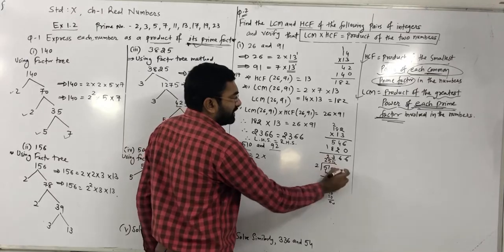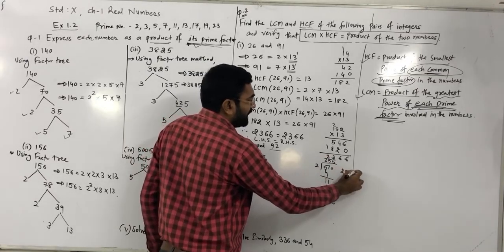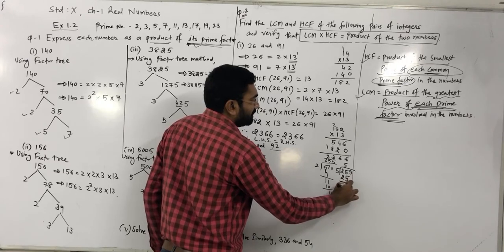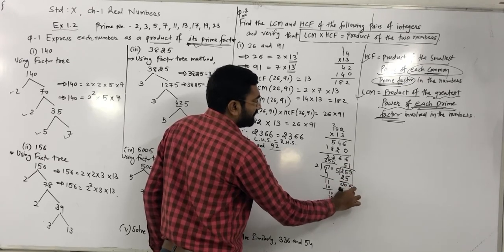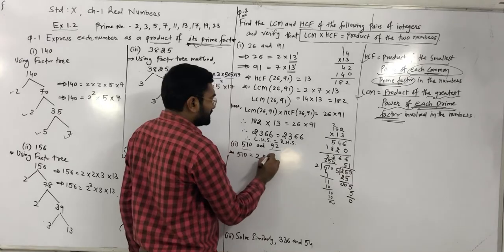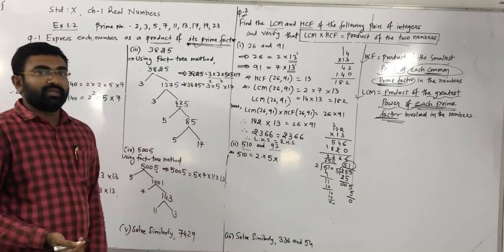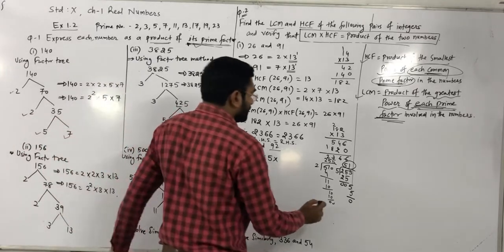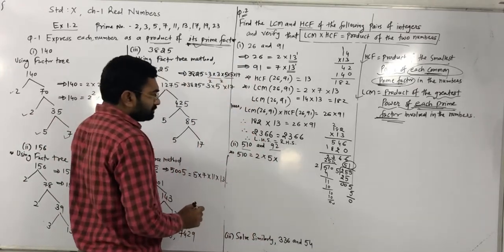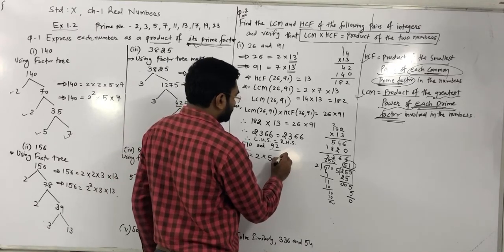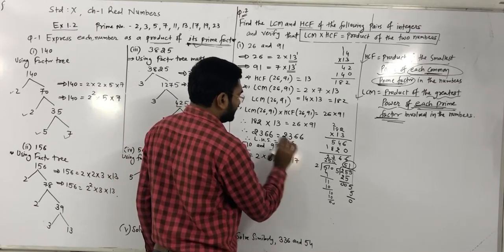Another, 255 we divide by 5, then 5 5s are 25, and so we get 51. 51 is again a factor, 3 into 17.